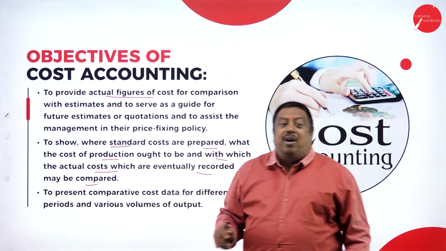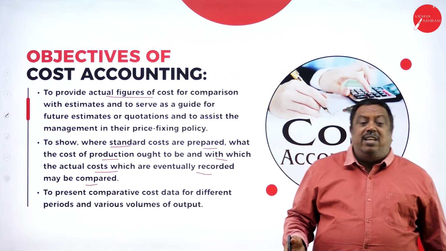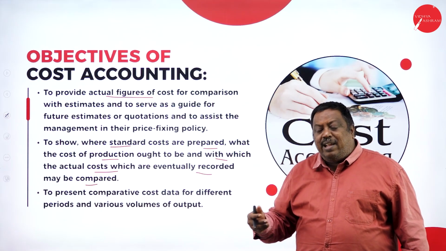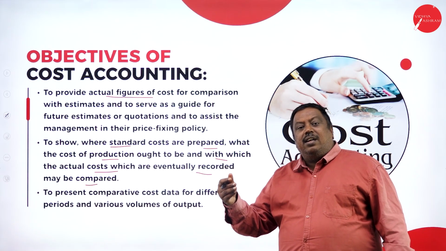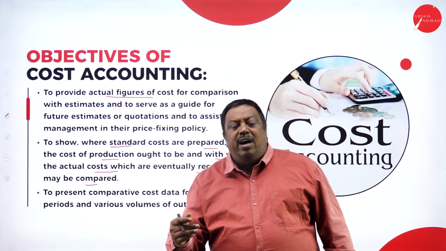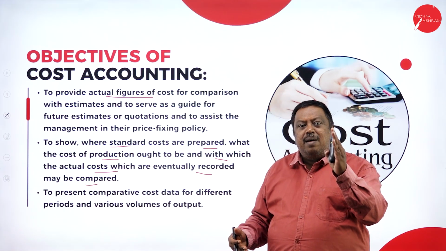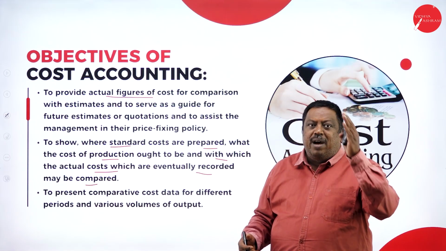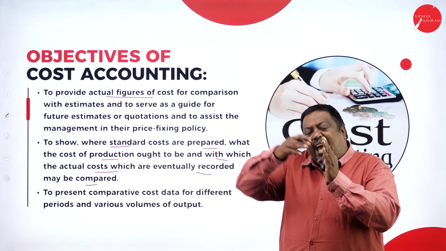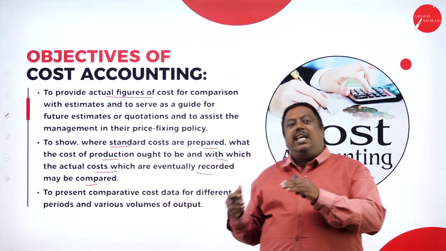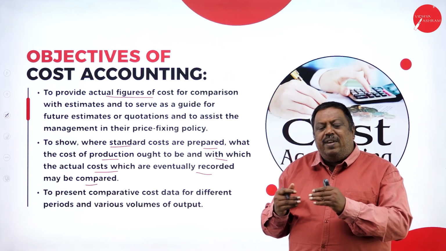If your predetermined cost is there for each process, like for material, labor and overheads, and you fix the amount of expenditure in advance, that can be compared with the actual one, and then you can take a decision on where we are standing.